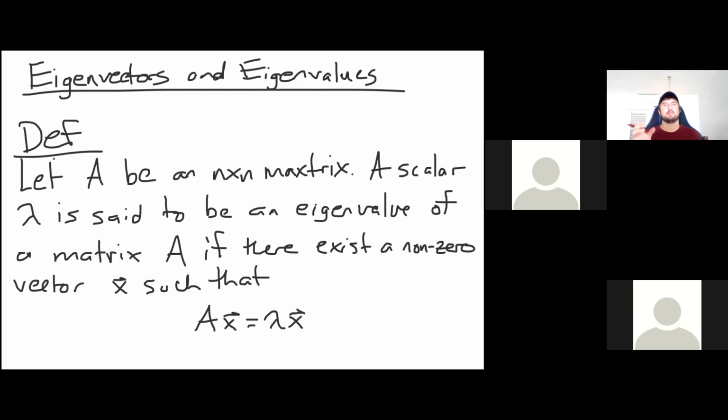So what we're describing there is essentially that multiplication by this matrix A for this particular vector is the same as multiplying that vector by a scalar. So if we can find a value for lambda and such a vector, we call it an eigenvalue.